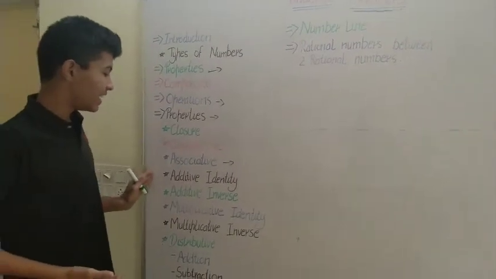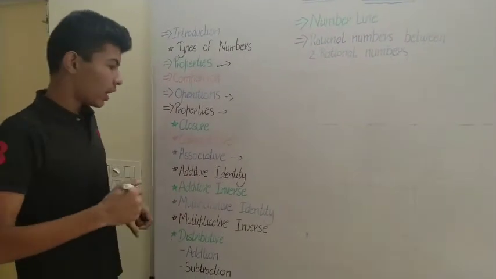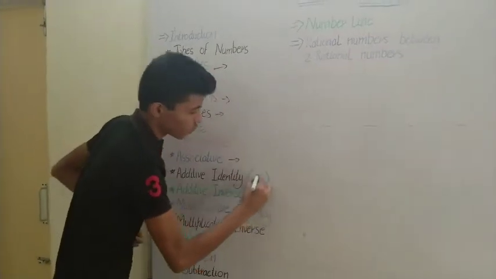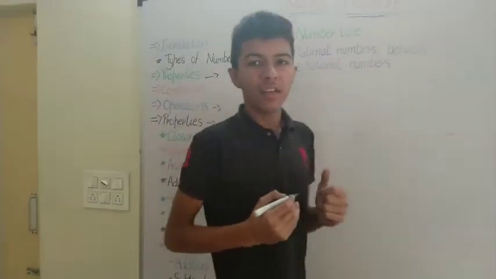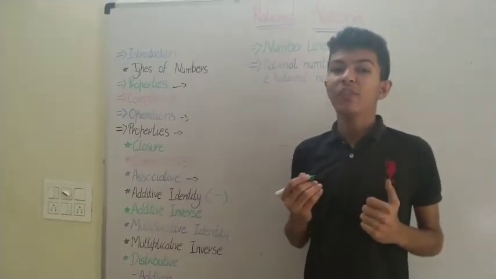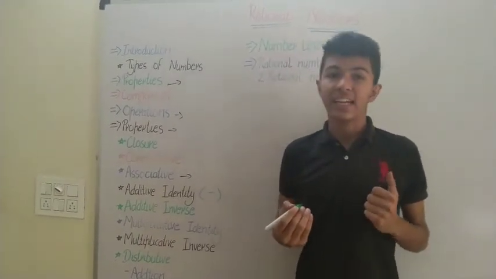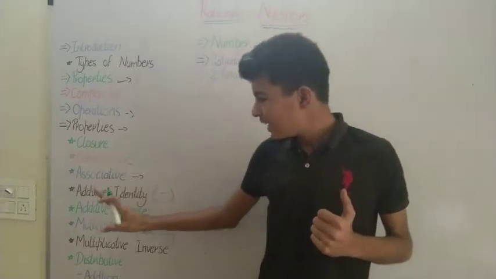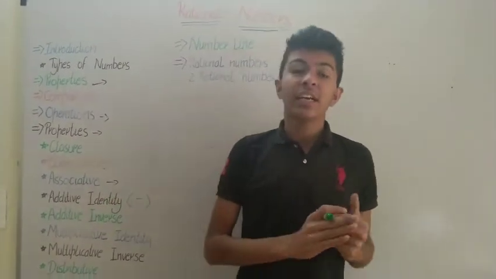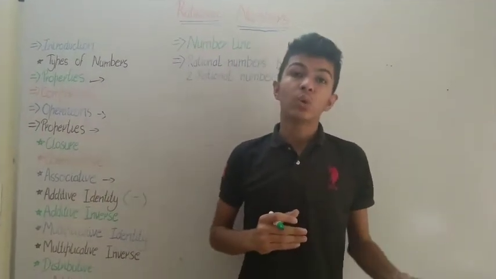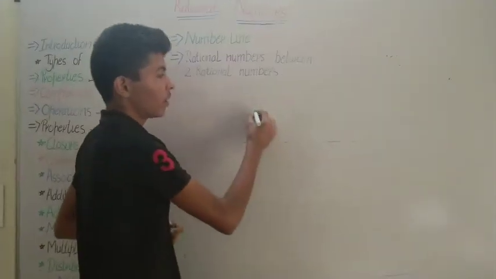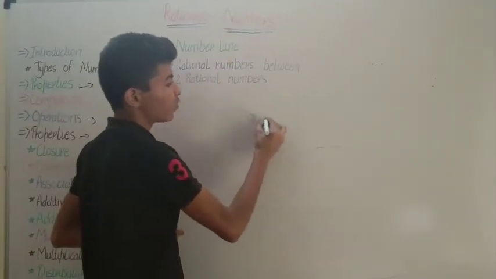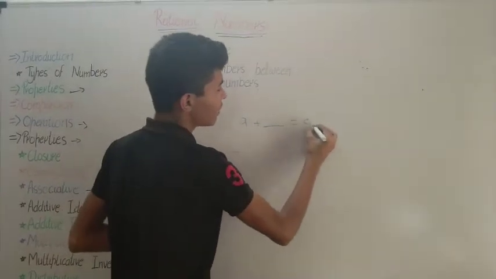The first term is additive identity, and this is also for subtraction. So what is the identity? Additive identity states what number should you add to get the same number. That is, a plus what number gives a again.